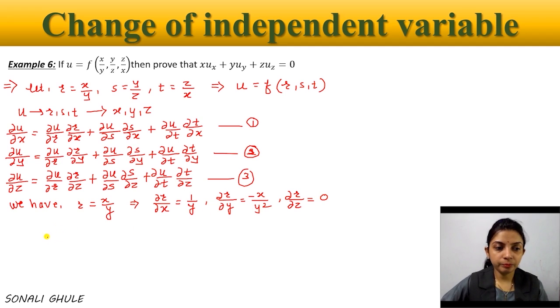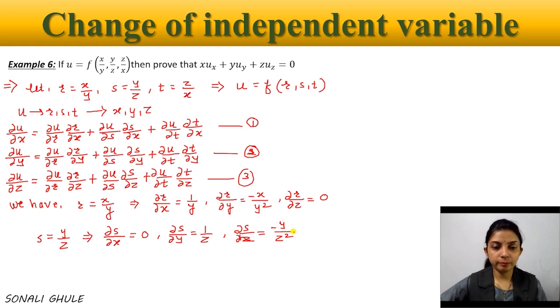Similarly, s is equal to y/z. Derivative of s with respect to x: there is no x, so the derivative is 0. Then s with respect to y, it is 1/z. s with respect to z, it is minus y/z², right?